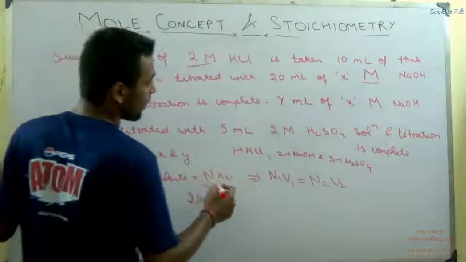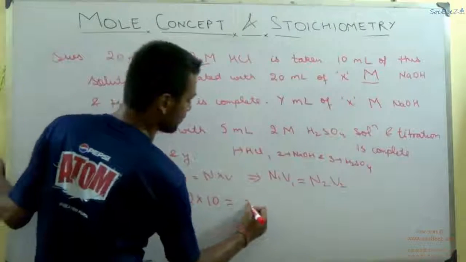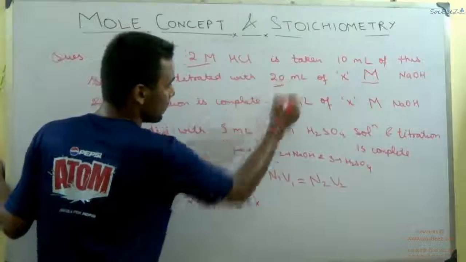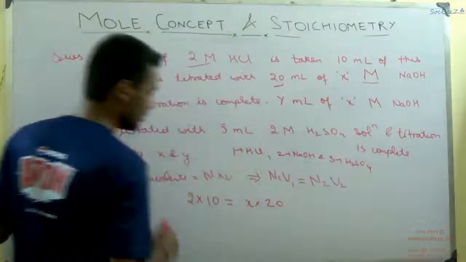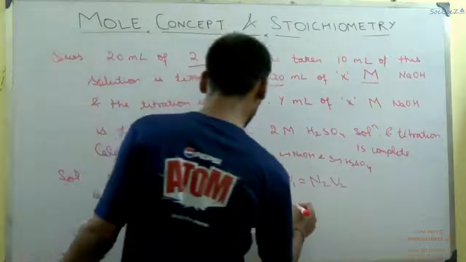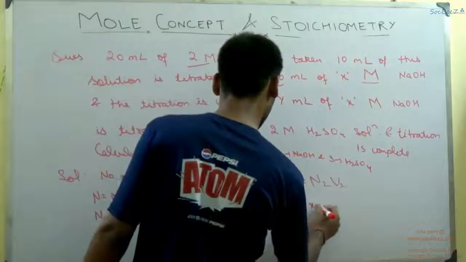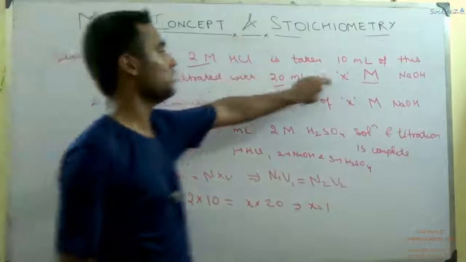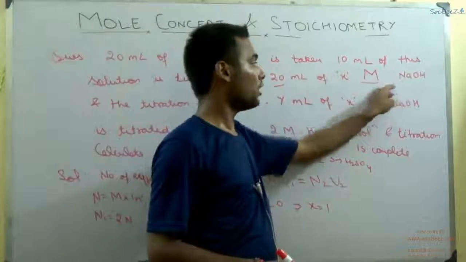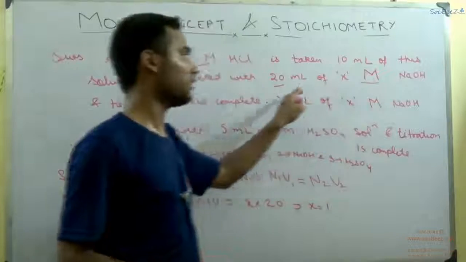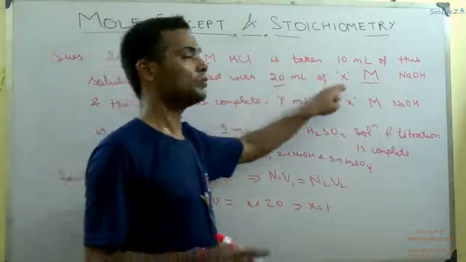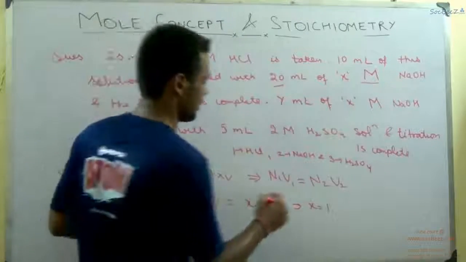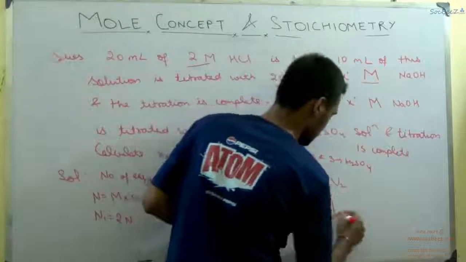So therefore normality of NaOH will be X into 20 ml, the volume. So from here the value of X comes out to be 1. So therefore the solution titrated with the given HCl is 1 molar NaOH. So here, the first answer: X equals 1.